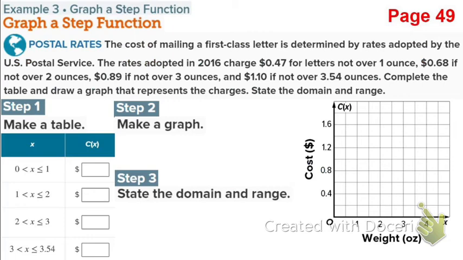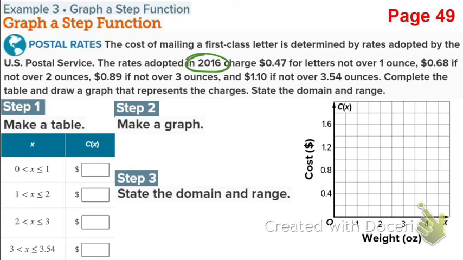We're going to look at example number 3 in your book. This is real data from the post office. In 2016, they adopted these rate changes. How much does it charge to send just a small letter, according to this? If I just want to send a small, tiny packet, it's not very heavy at all.